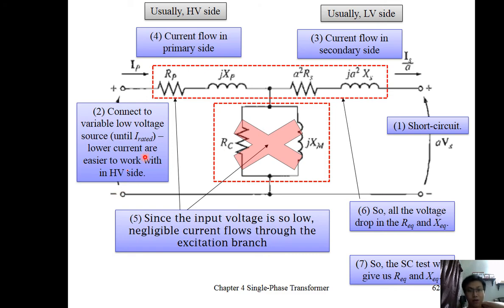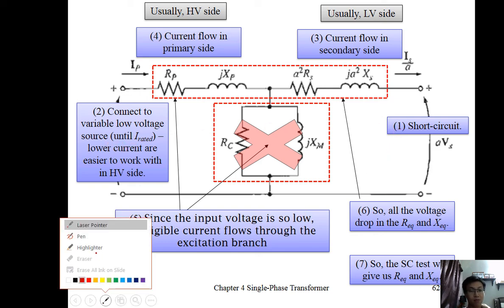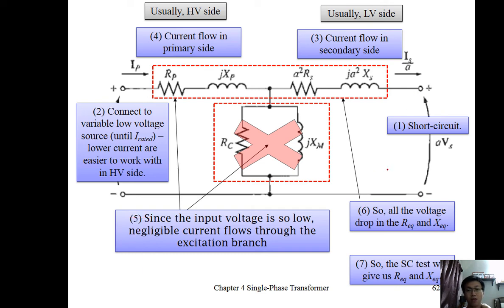Okay, first of all, we put an equivalent circuit. Usually we will short circuit on the low voltage side. Second, we will connect the variable low voltage source. For example, let me write something: low voltage source 24 volt. This is 2400 volt.